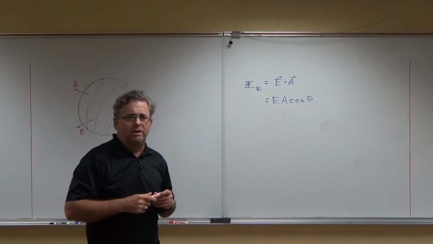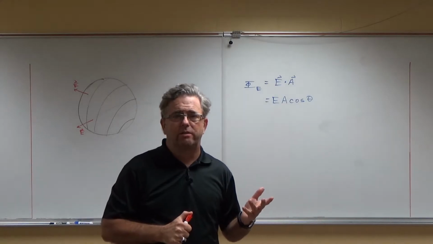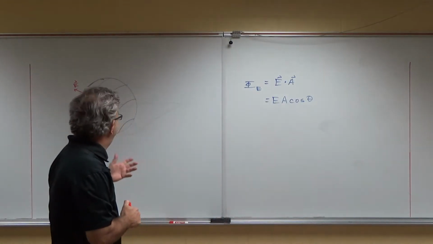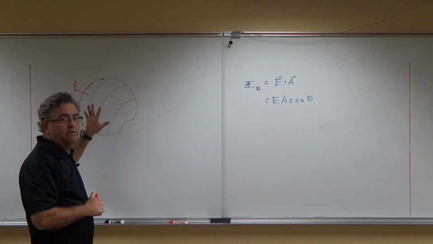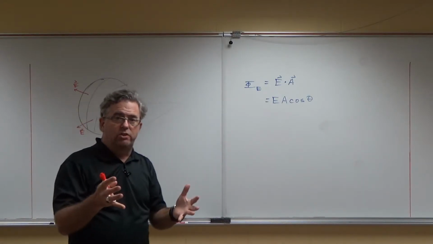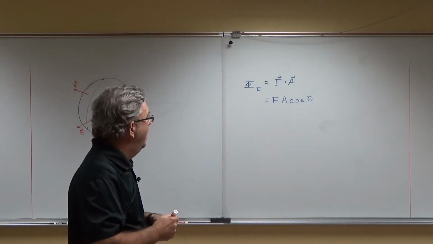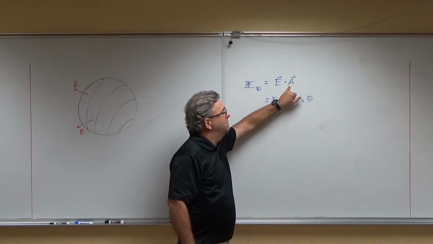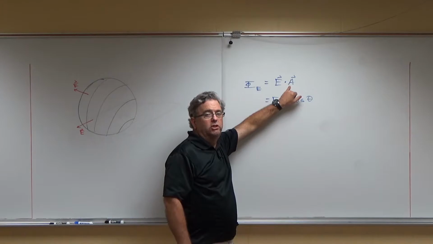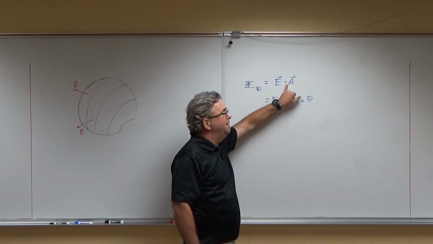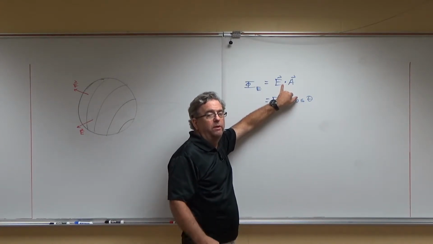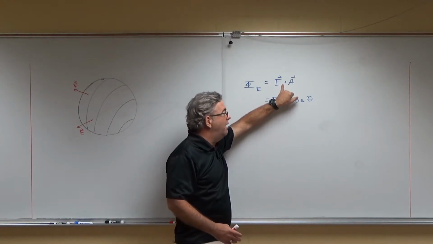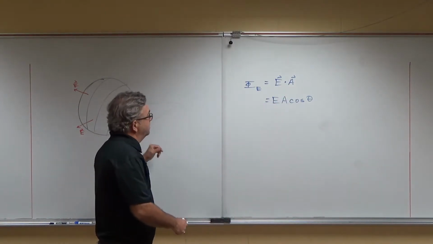If I want to calculate the flux that is passing through this area, where the area would be the surface area of the sphere, I can't just look at E dot A because that area vector is changing. The angle between the area vector and the electric field may be changing throughout the surface of the sphere.